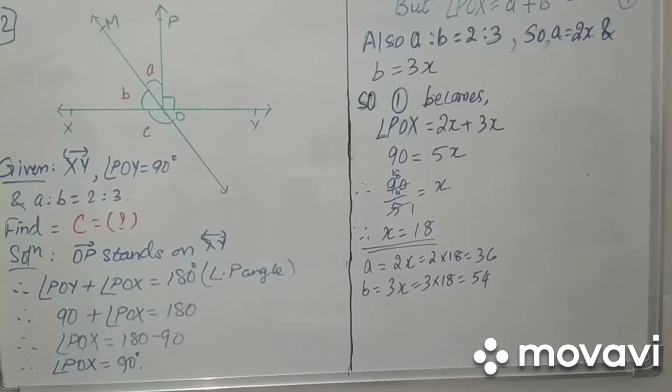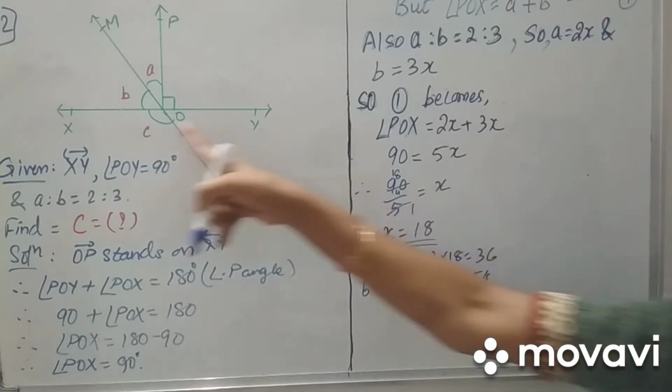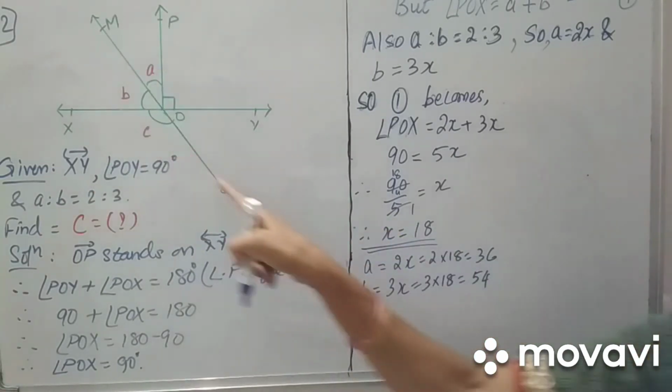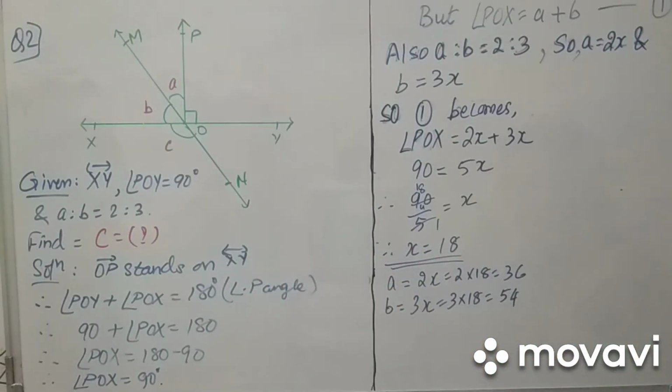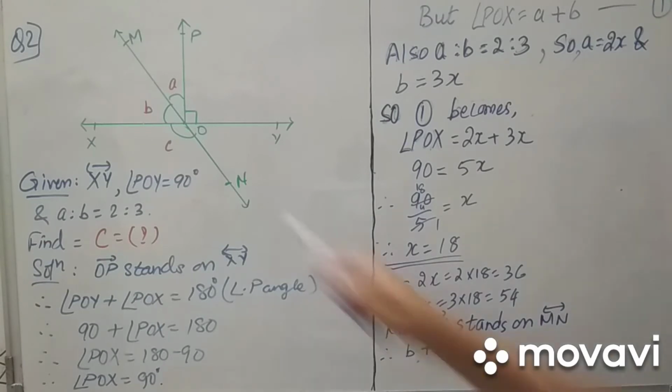Now we want to find out angle C. You can see here from the figure, ray OX stands on line MN. So what will we write here? Therefore, I am not writing the angle names, I am writing B and C only so that it is easy to understand, as they have already given us the names.